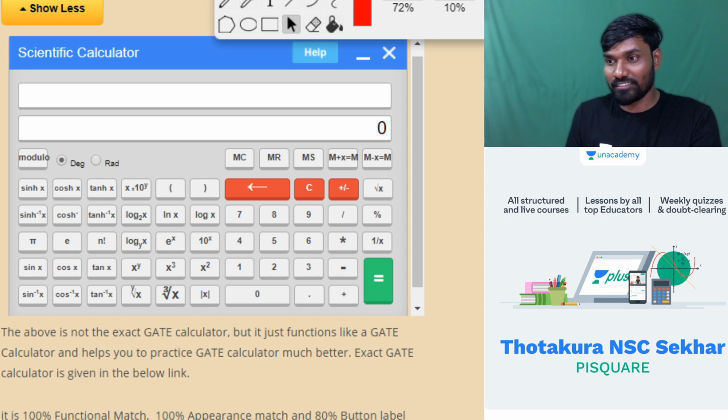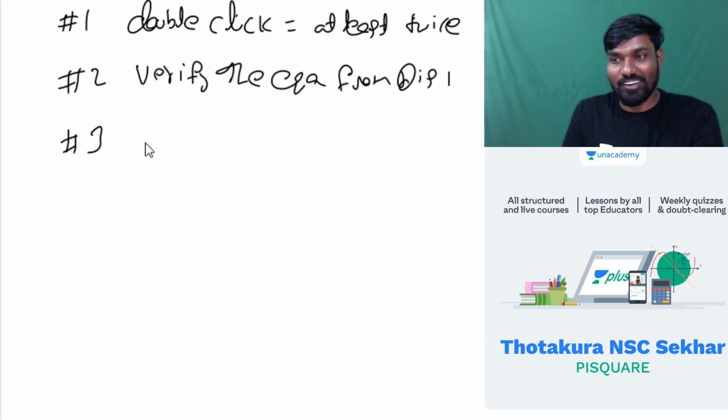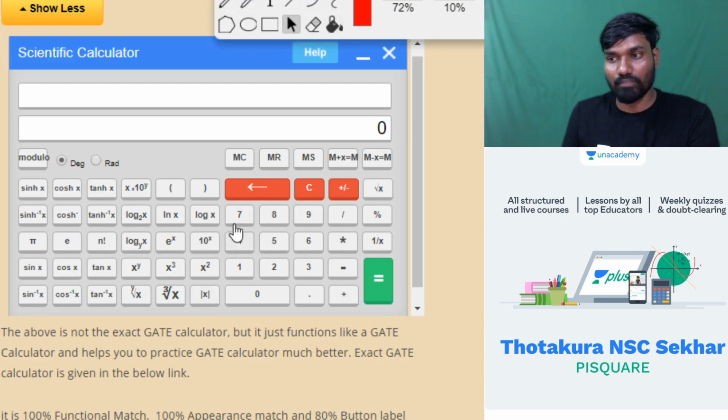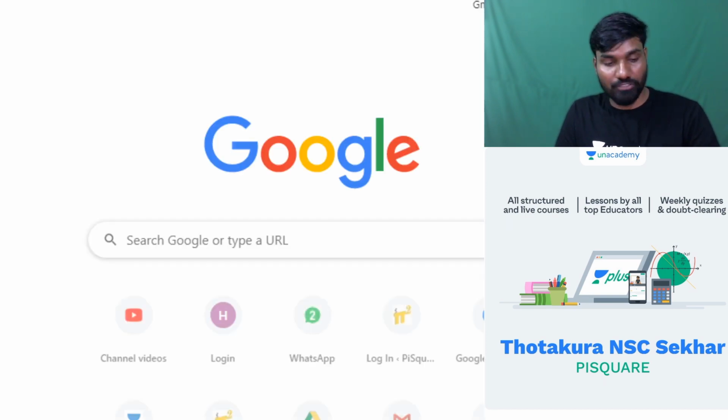I forgot. Yes, 3 digits: always take 3 digits. This is tip number 3. Must follow these 3 tips. Next one, I think it will be easy if I open a new tab, so that it is easy for us to switch between them.